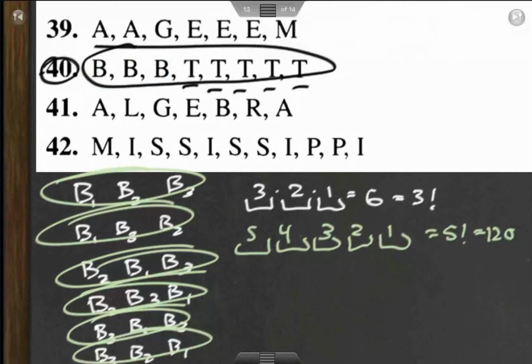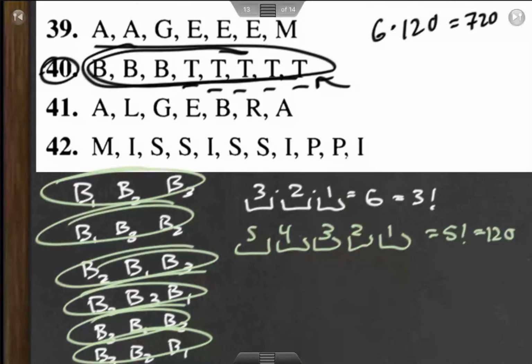For this exact arrangement, there's actually 6 times 120 different ways you can arrange the B's and the T's to get the same arrangement, and they wouldn't be distinguishable. 12 times 6 is 72, so there's 720 ways we can have this arrangement, and we can't count 720 ways.